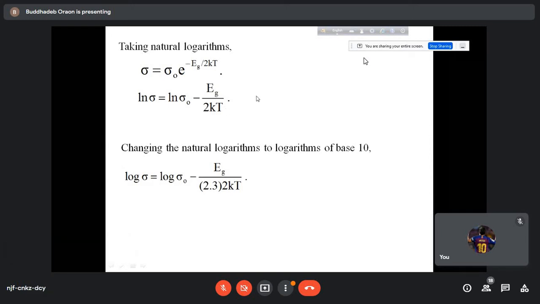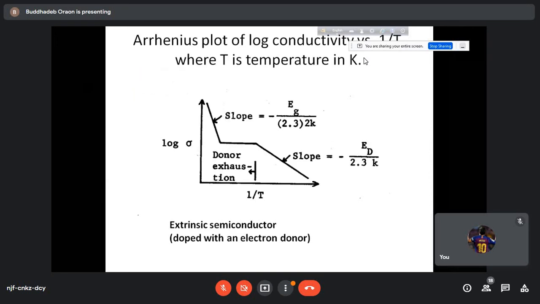So from that slope we can calculate the value of Eg. So that is the idea. You have to draw a graph between ln of sigma and 1 by T, and from that graph you can get it. These are all calculation parts which can easily be done once conductivity at different temperatures is measured. So Eg can be easily calculated.